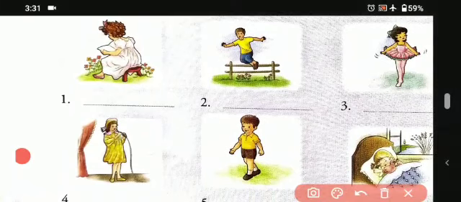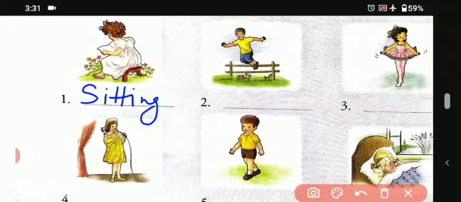That means there is a girl we can see and she is sitting. So we will write it down here, sitting. Okay, then there is a boy who is jumping. So we will write down jumping. And then there is a girl who is dancing. So we will write down dancing.